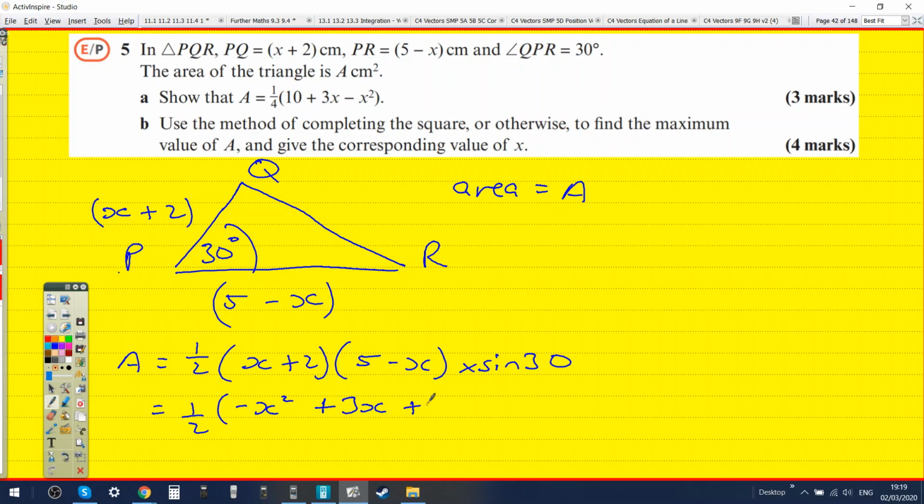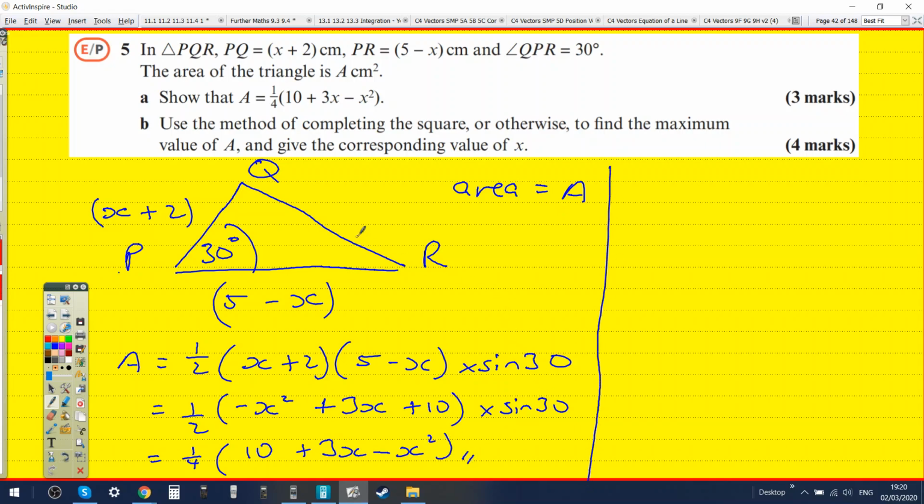Plus 10 times sine 30. Will I just do sine 30 times a half? Yep. And then that will give me a quarter. That's it. And so it's a quarter, and then just make it look like their one. I think that's more than enough. How about B?